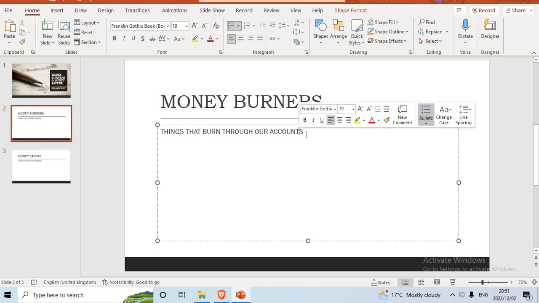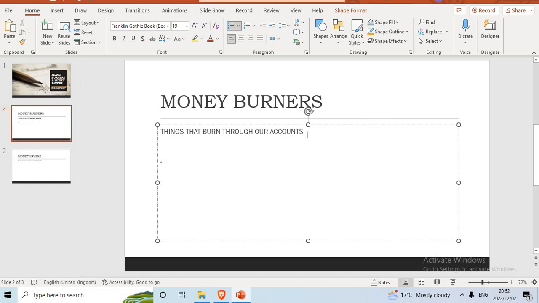So the first money burner that I spotted when I was looking at my account was that I was not risking correctly. I was not using risk management correctly.